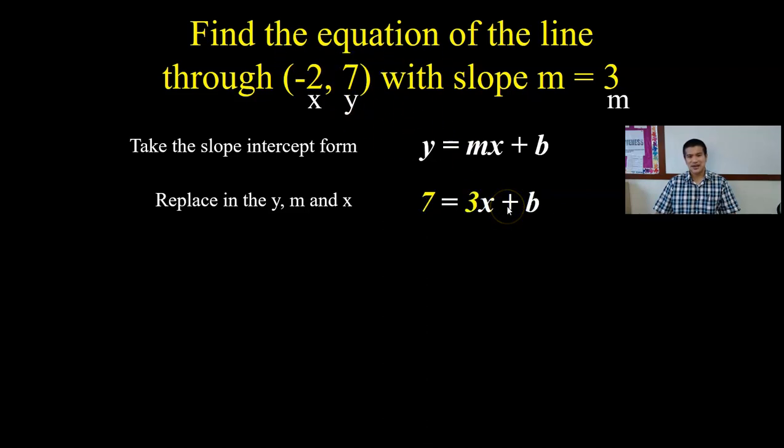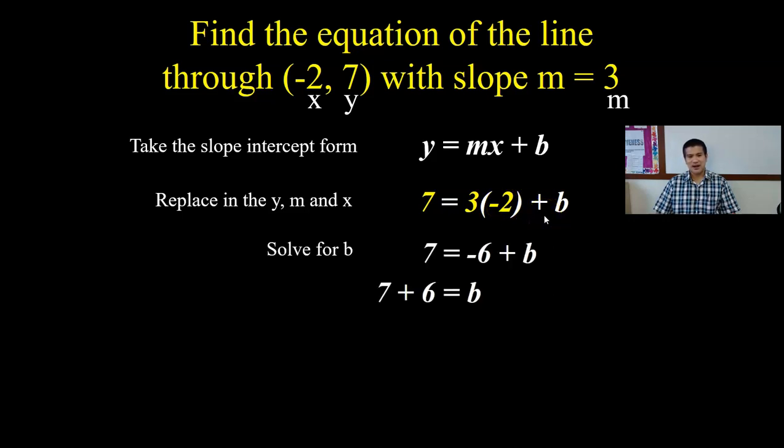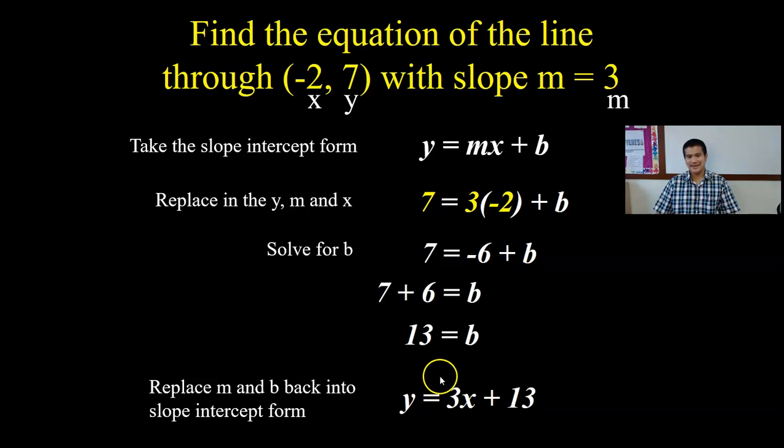So therefore you can have now 7 equals 3x plus b, and then we solve with x equal to -2 plus b. So therefore our b is equal to 13. And then we can write again y equals mx plus b in the form y equals 3x plus 13. So that is how you will solve for the equation of the line given the point and the slope.